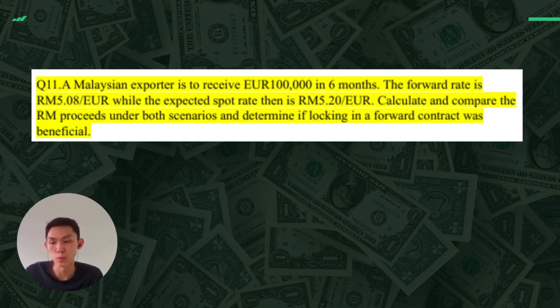If we use the spot market, 100,000 euros times 5.20, we get 520,000. So if we lock in the forward contract, the exporter will receive 12,000 less compared with using the spot rate, because the euro strengthened more than expected. So locking in the forward contract is not really beneficial.